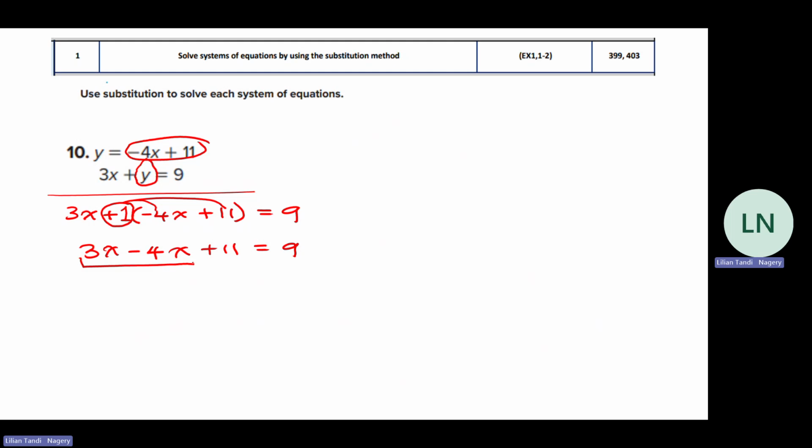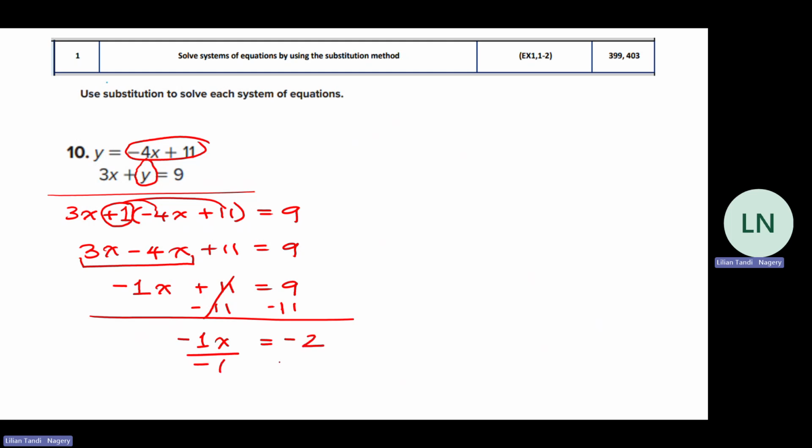What does this become? Negative 1x plus 11 equals to 9. I minus 11 on both sides. This becomes 0. I have negative 1x equals to negative 2. I divide both sides by negative 1. And this goes away. So x equals to 2.